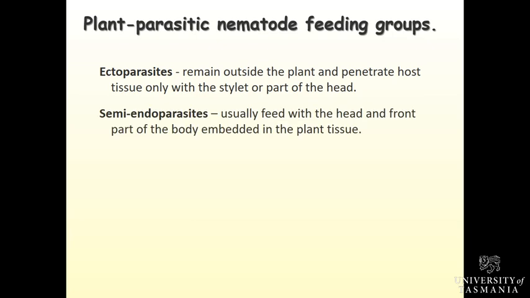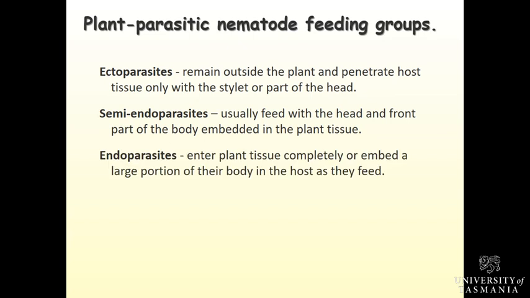There are the semi-endoparasites. They usually have most of themselves embedded into the plant tissue as they're feeding, not necessarily fully, so they can be stuck there. And then there are the full endoparasites that actually go internal. They penetrate inside the root and live fully within the body of the host they feed on.